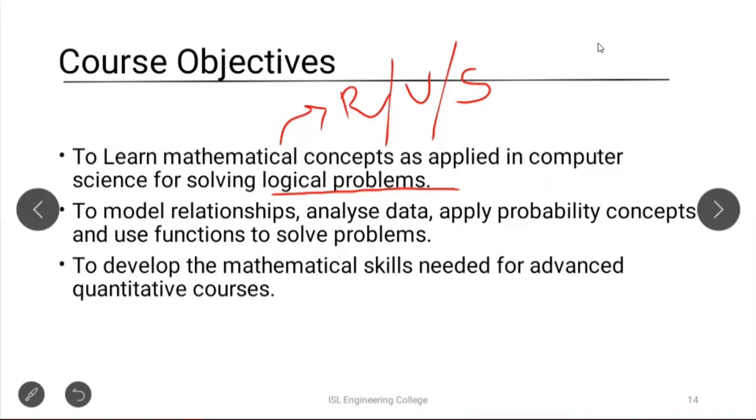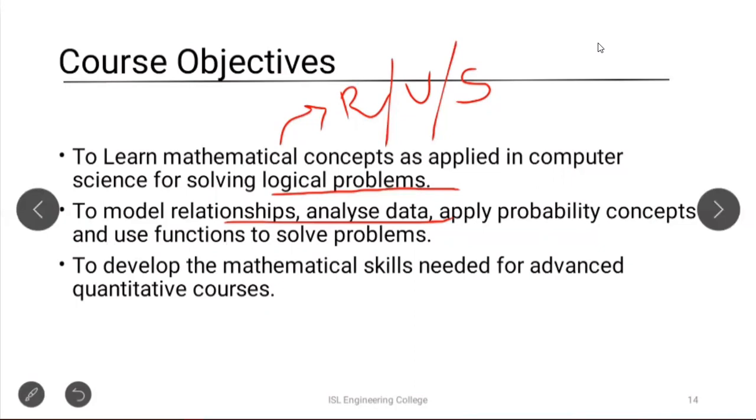The next objective is to model relationships, analyze data, and apply probability concepts. So, relationships and analysis of data. Whenever we have data, we have to analyze it. Data science is a huge branch which is trending right now in computer science, and it is basically analyzing data and creating connections between the vast amount of data that is given.